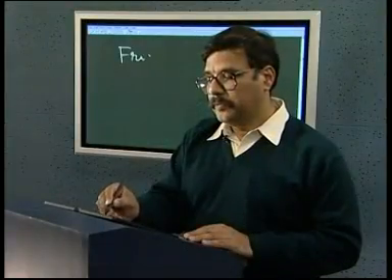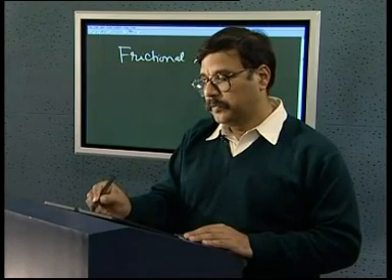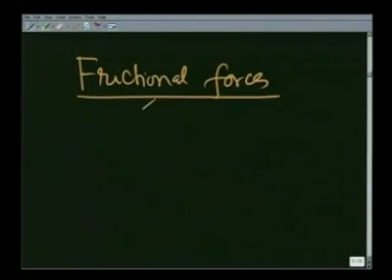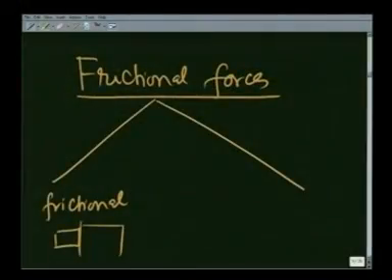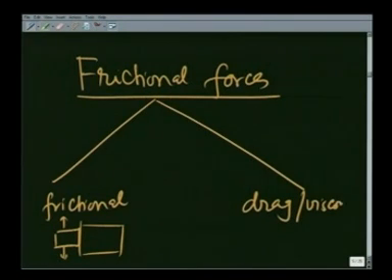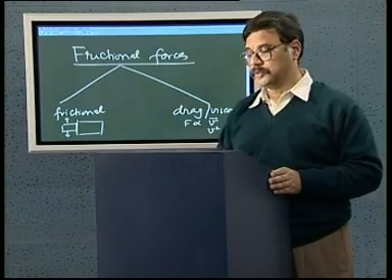Following that, we considered a very special class of forces, the frictional forces, and took them into account when solving dynamical problems. In these, we considered the regular frictional force that you are familiar with when one solid body slides over the other, and we also considered the drag or viscous force in their simplest possible forms: one where F is proportional to the velocity, and also proportional to the v square.